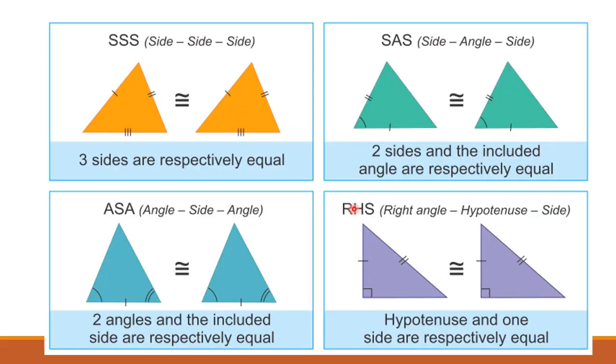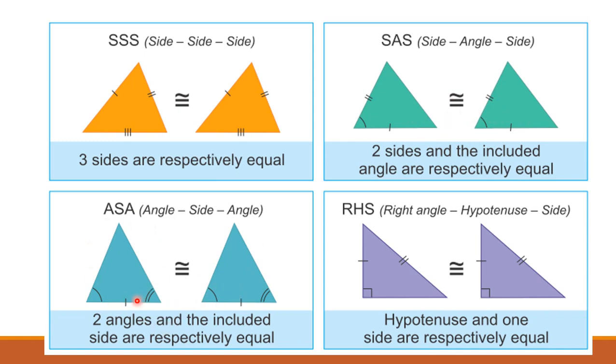So let's summarize. What is the meaning of SSS? That is side, side, side, where the three sides are respectively equal to one another. In the SAS rule, that is side angle side, two sides and the angle included between them are equal.